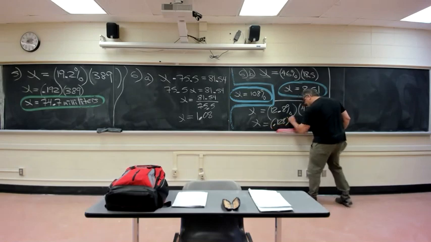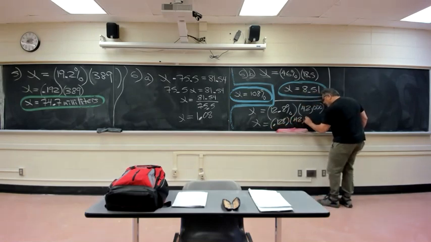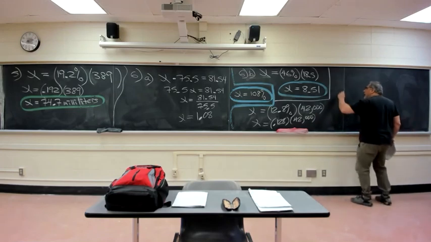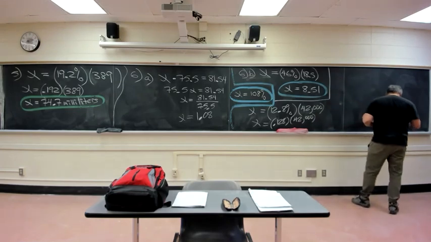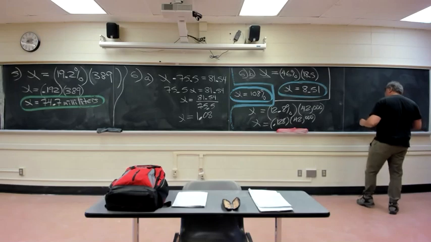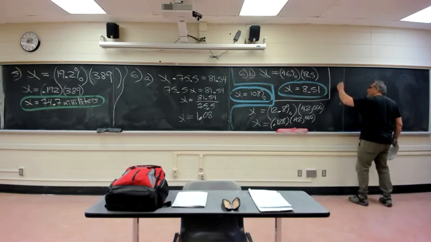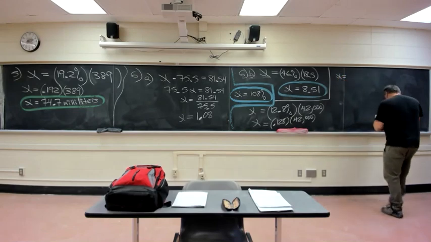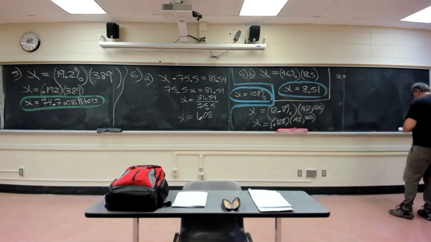So X equals 0.128 times 42,000. What are they asking here? The increase in the price. So the first one is X, the increase in the price, and later on I'll tell you the price of the new model.